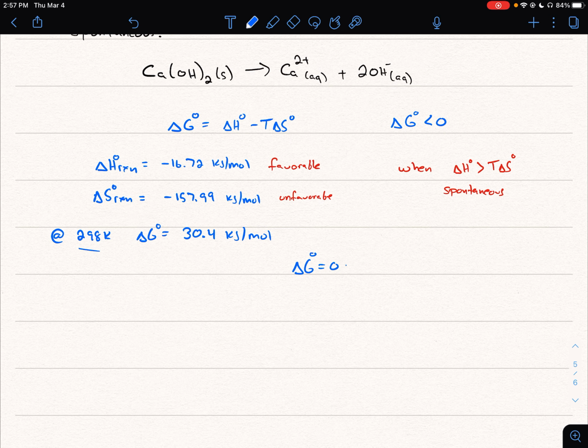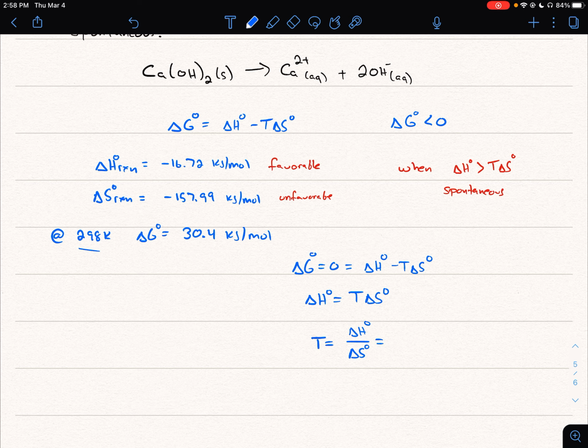So our equation is still delta H minus T delta S, but now we can rearrange it and say delta H is equal to T delta S. Then we want to solve for T, and the way we do that is divide both sides by delta S. We have T is equal to delta H over delta S.